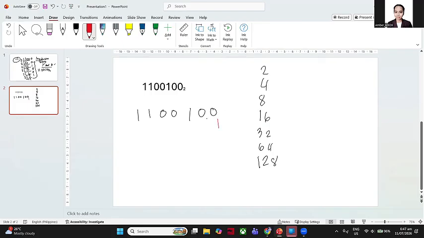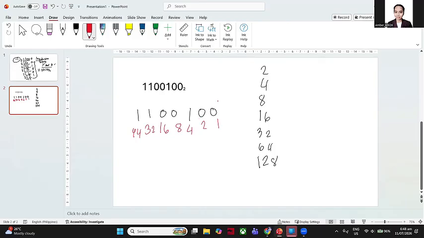So we have 1, 2, 4, 8, 16, 32, 64. Now that we listed this, what are we going to do?